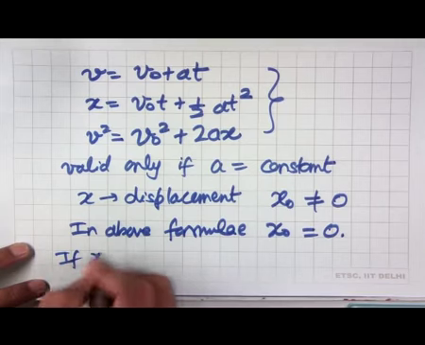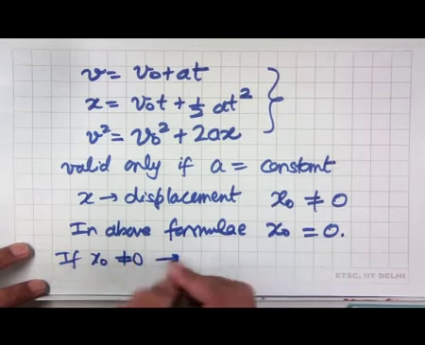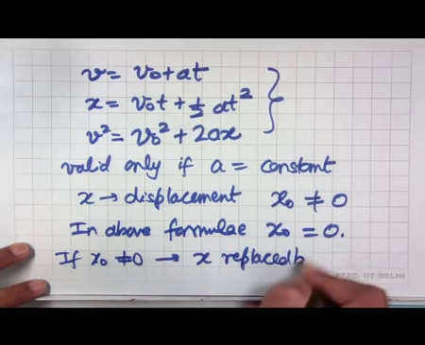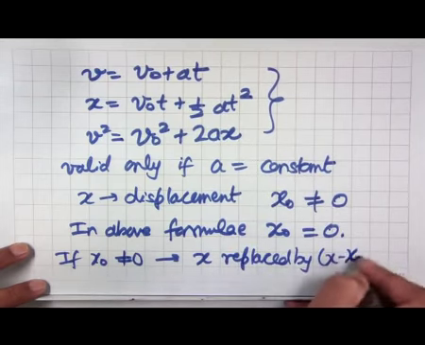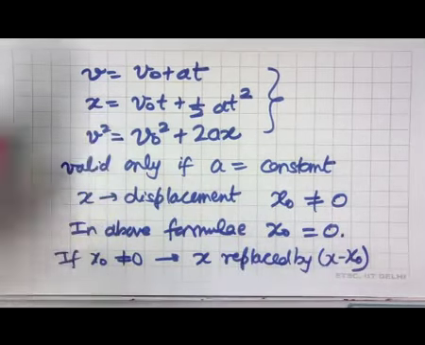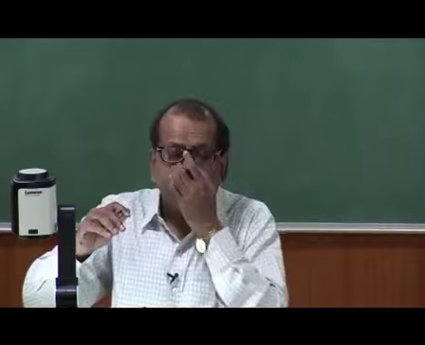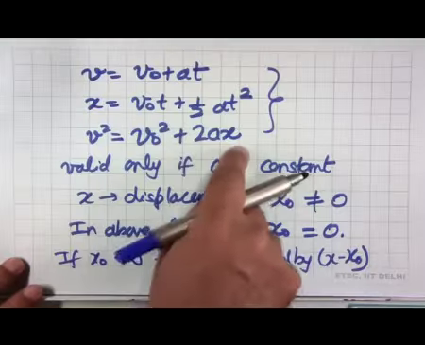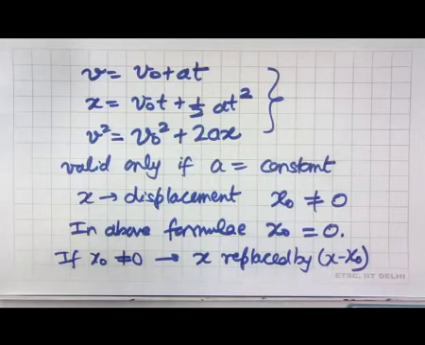If x0 is not equal to 0, then x will be replaced by x minus x0, because that is what the displacement will be. So, if you choose a reference such that the initial displacement is not 0, then x here will be replaced by x minus x0.